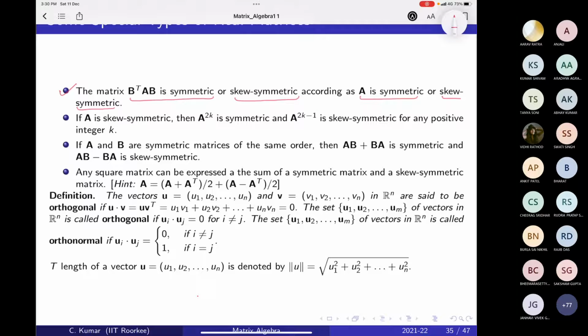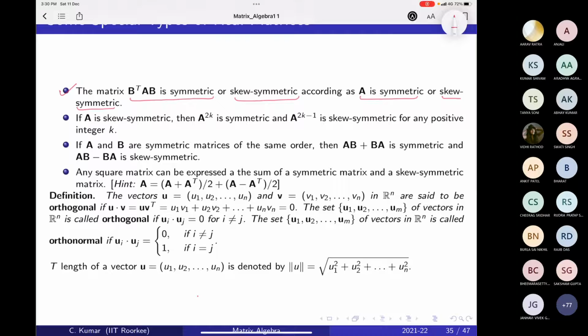So when A is symmetric, then B transpose AB is symmetric. And the second part of this statement is that if A is skew symmetric, then B transpose AB is skew symmetric. Okay, I think this is not complicated at all.